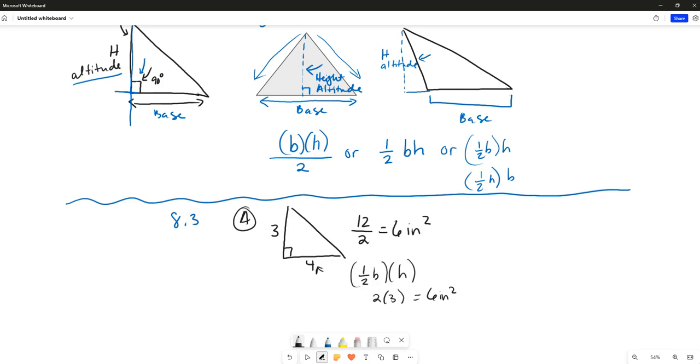And we also could divide the 3 in half. So that would be 1.5 times the base, which is 4, which would also give you 6 inches squared. Okay, so that is A.